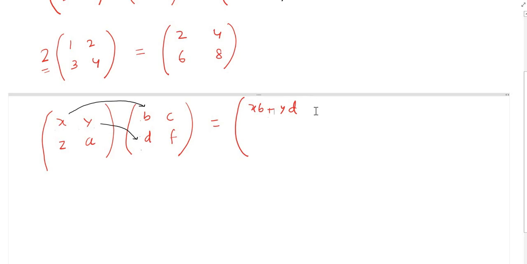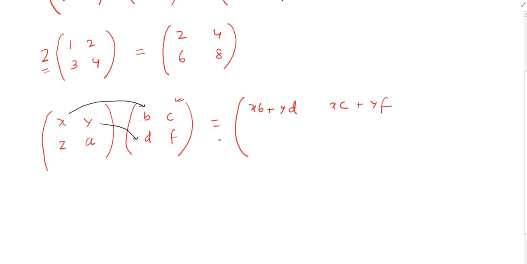When we build the second element here, it will basically do the same thing but on this row. So what will happen here, it will be xc, because now we multiply the first row x to c, and yf. Okay, clear.